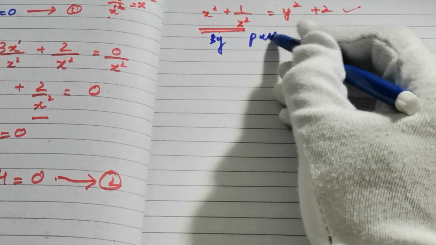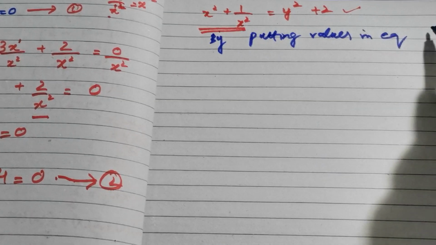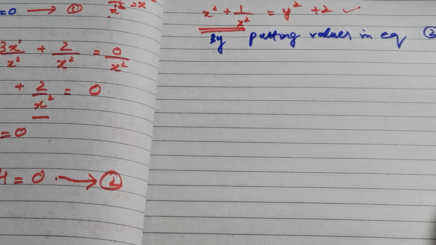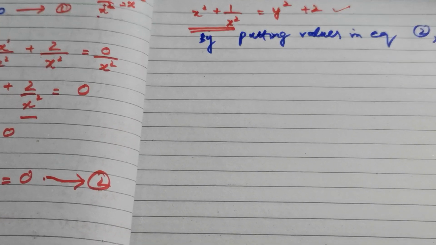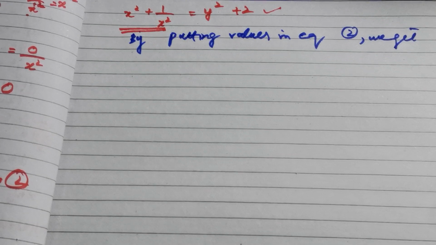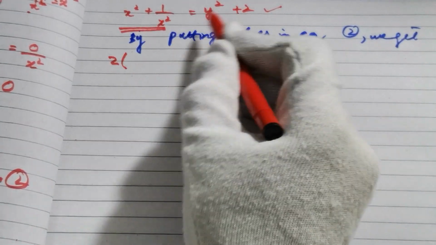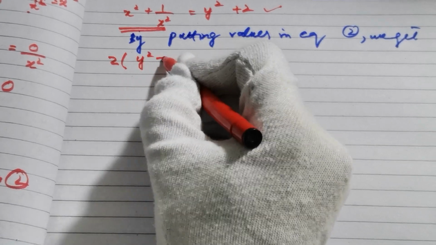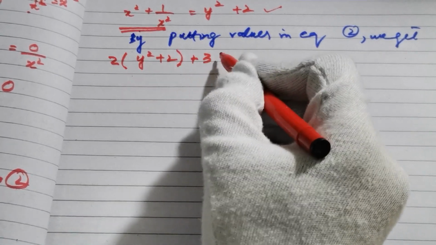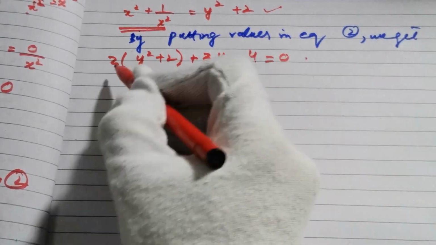By putting values in equation 2 we get 2 times y square plus 2, plus 3 times y, minus 4 equal to 0.